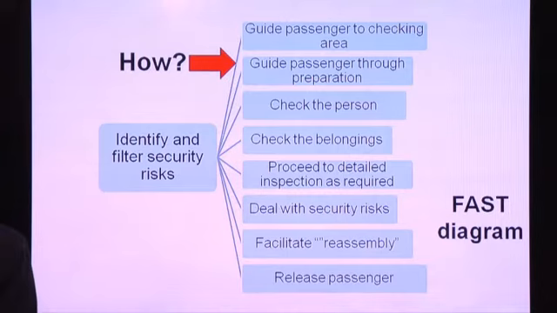This is a further decomposition to which we could go on with a series of how questions. Of course, at some point it gets to be ridiculous. And in fact, it forces you to become descriptive rather than normative, as a FAST diagram should be.